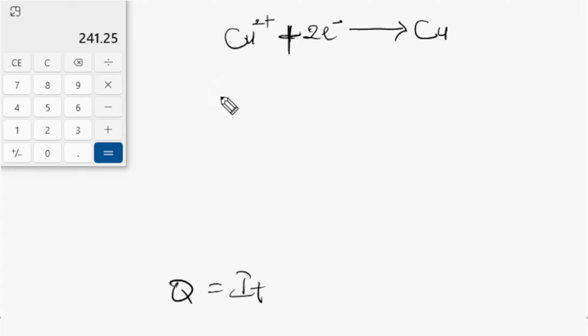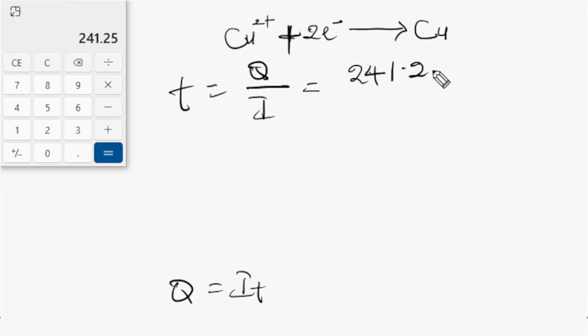So we are going to make the t the subject of this expression. So t is going to be Q over I. So we know that Q is 241.25, and then I is the current, which is 0.5 amperes. So remember that t is going to be in seconds, so you're going to divide this by 0.5, and that's 482.5 seconds.